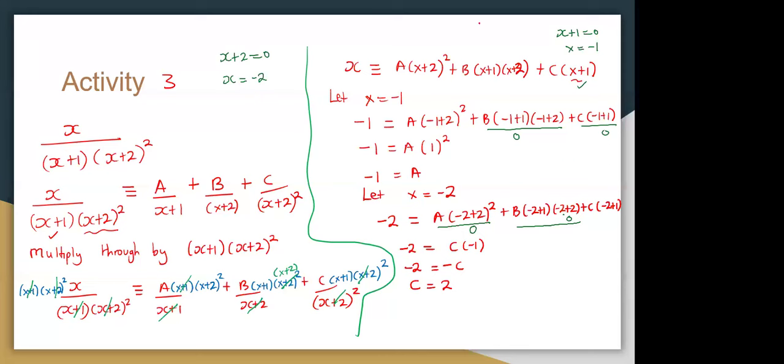I don't know why someone's saying 0. I was just showing you that -1 plus 1 is 0 here. So meaning you'll have b times 0 times -1 plus 2, which is 1. So b or anything times 0, everything goes away. So the whole of this one here goes to 0. That's what I was saying. Even here, everything here will go to 0. That is what I was writing.